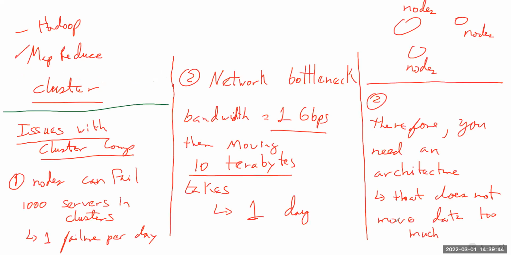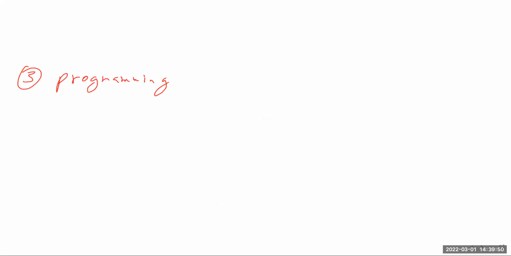All of these issues, network bottleneck, nodes can fail, just breaking up the data, processing things efficiently, all of it requires a new paradigm, if you will, of coding, which is sometimes referred to as parallel programming or distributed. So I think distributed is the terminology used for the MapReduce environment.